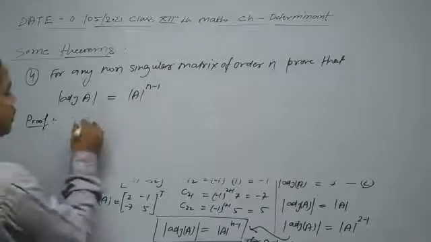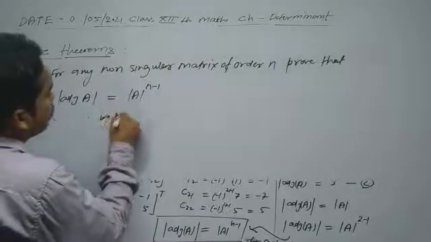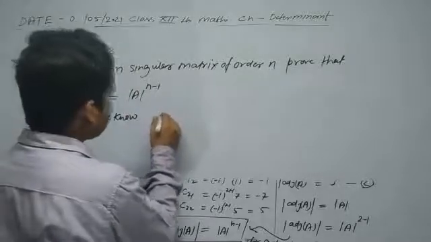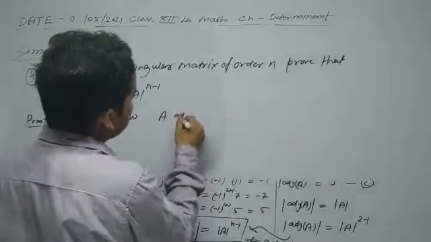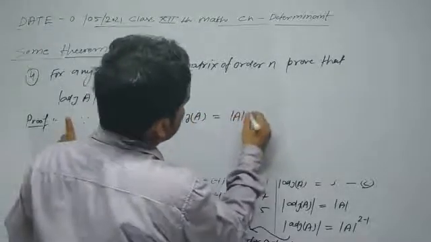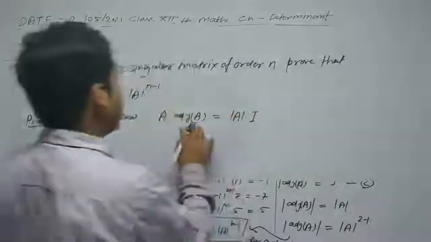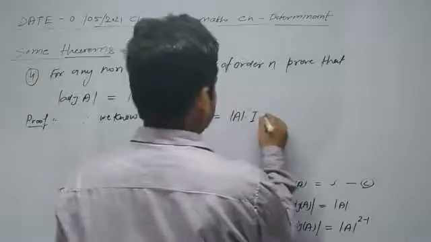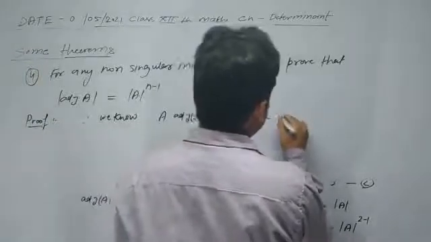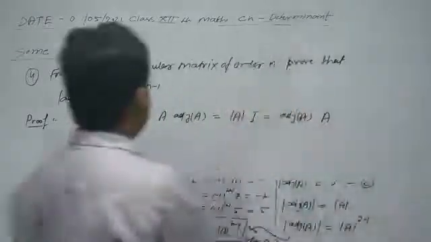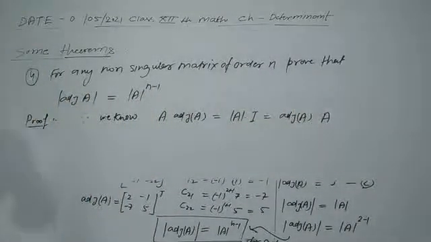Since we know A into adjoint of A is equal to determinant of A into I, where I means the identity matrix of the given order, and this is also adjoint of A into A. You know, this is the formula.